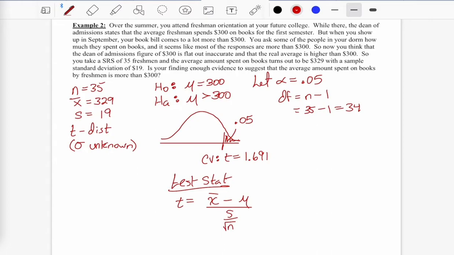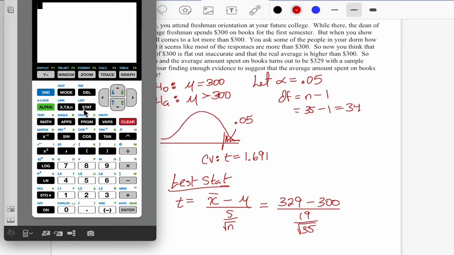All right, so a little number crunching. 329 minus the assumed value for mu, 300. S is 19 over the square root of 35.